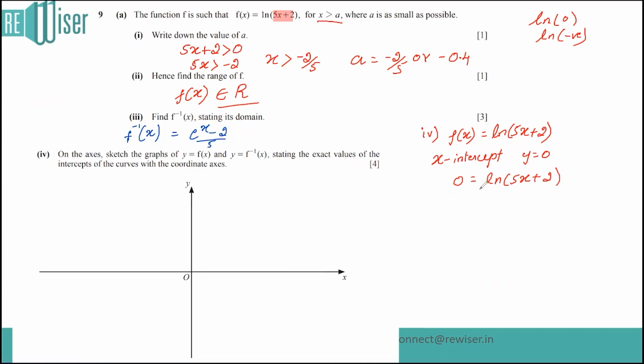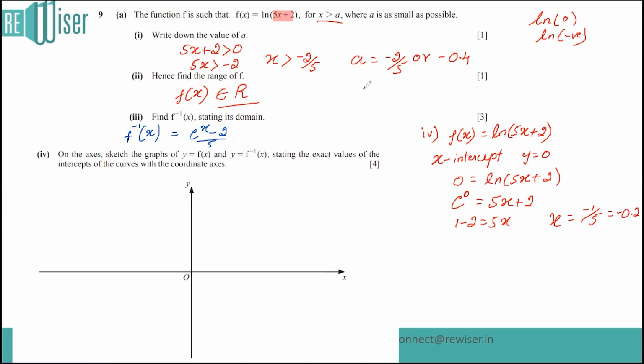When ln goes to the other side, it becomes an exponent: e power 0 equals 5x plus 2. And e power 0 is 1. So 2 goes to the other side, 1 minus 2 equals 5x. So x would be negative 1 over 5, which is nothing but negative 0.2.